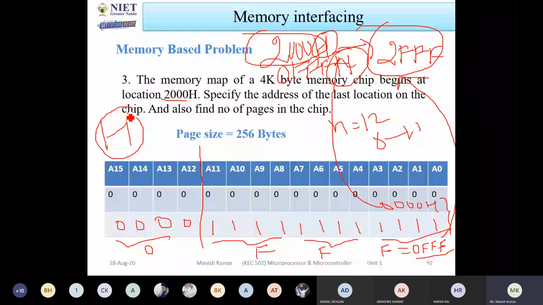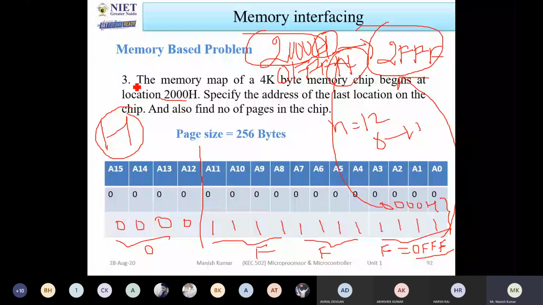If you are not writing H, what will happen? You can see now you can tell 2000. You can't tell whether this is a hexadecimal number, a binary number, or a BCD number. Now you have to differentiate between the BCD number and hexadecimal. What will you do?